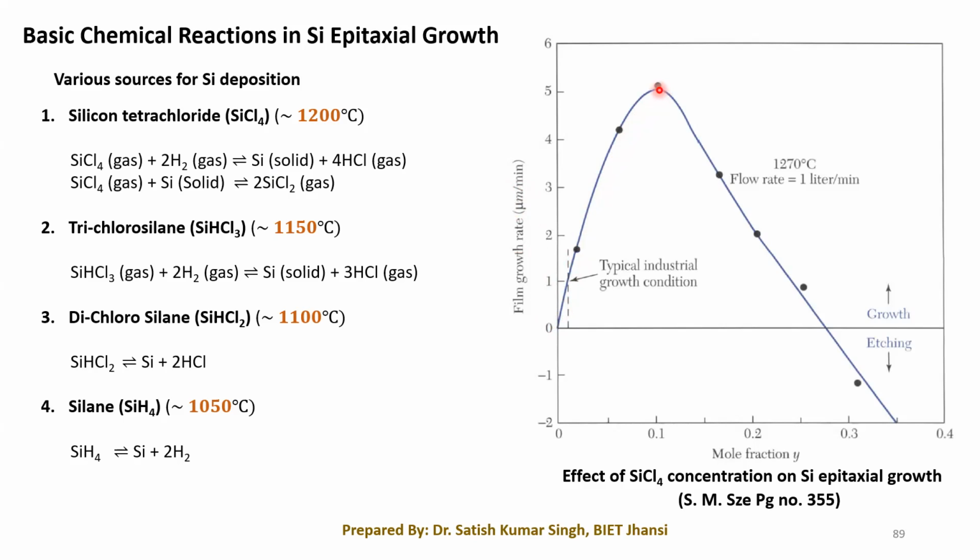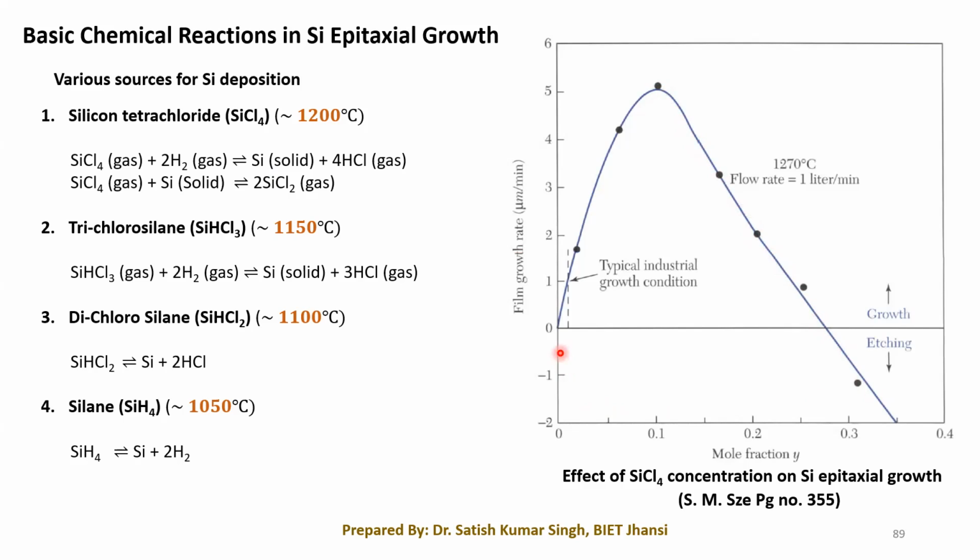When we further increase the concentration of silicon tetrachloride, the growth rate will start decreasing. It will keep on decreasing, and at a particular concentration, when it becomes sufficiently high, you can see it going in the negative direction.